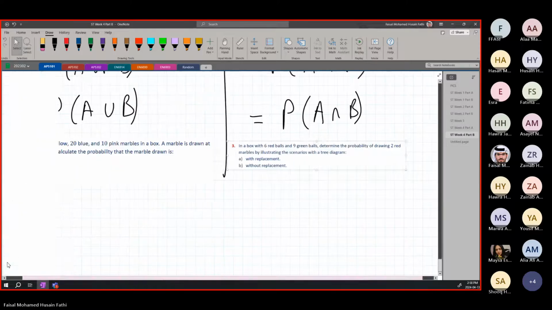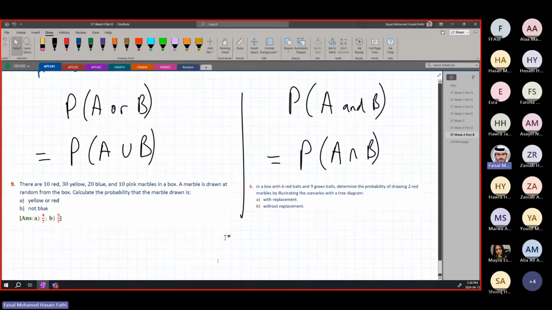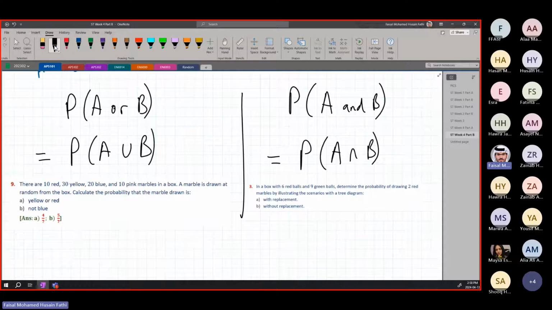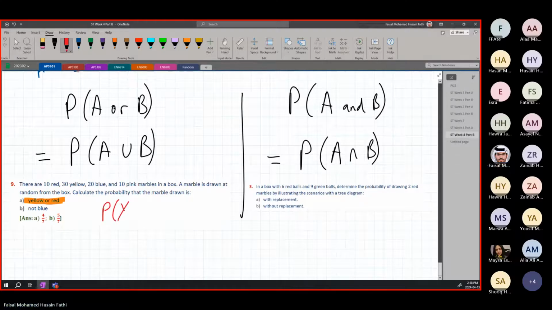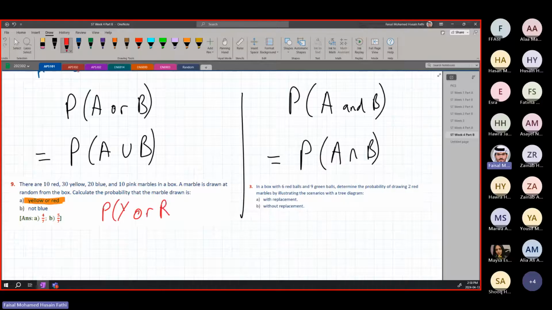In this question, when we're looking at or, they are telling you to calculate the probability that the marble drawn is yellow or red. So they are mentioning P of yellow or red. Basically, this means that you have a selection between the two. You can choose either yellow or red. You don't have both yellow and red.